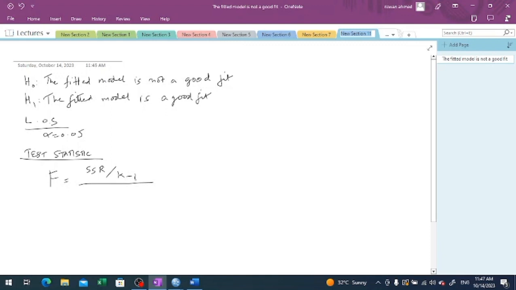Over here k represents the number of parameters in the regression model strictly, and then SSE divided by n minus k, which is representing the number of parameters. There are two parameters in the regression model, so total number of observations are 48. Beta naught and beta 1 are the two parameters of the regression model. Now we define decision criterion as usual.